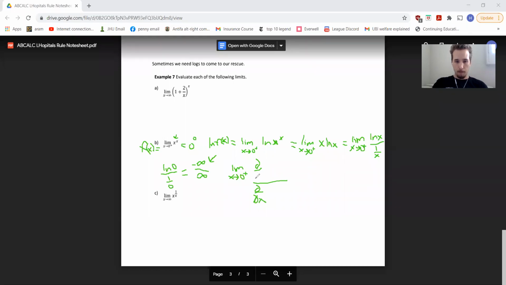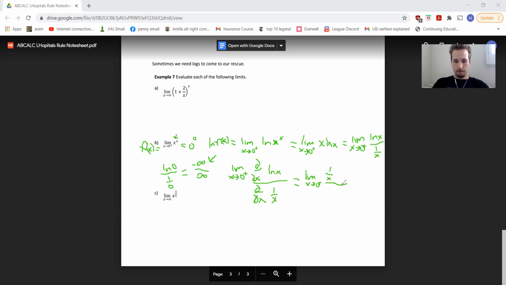I'm just going to draw this a little bit better. So what's the numerator here? Well, this is ln of x. The denominator here is 1 over x. And from here, this differentiation isn't too difficult. Derivative of ln of x is just 1 over x.